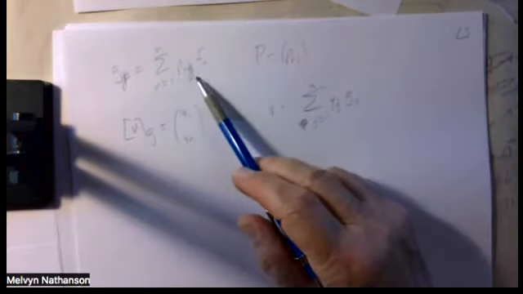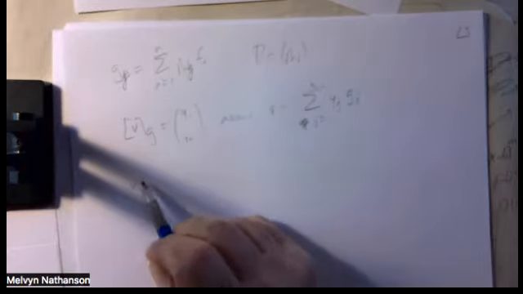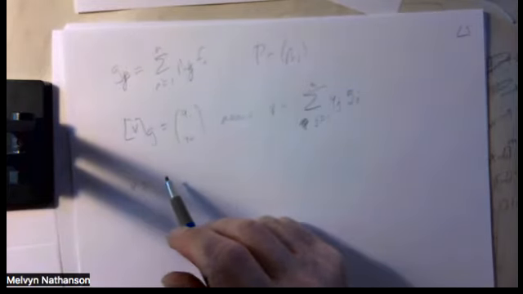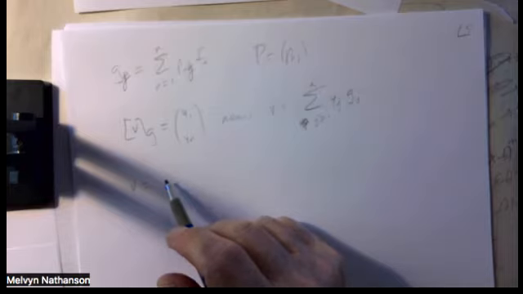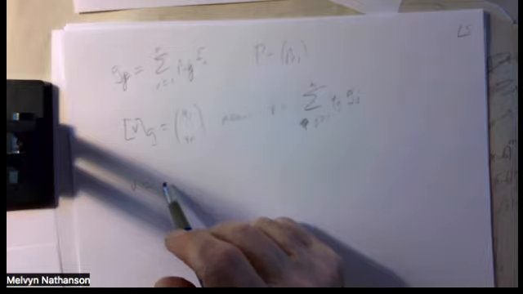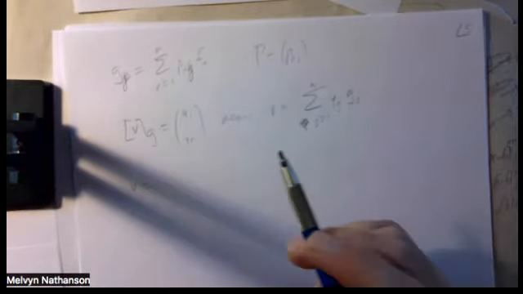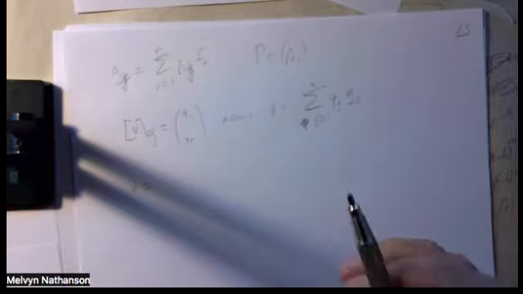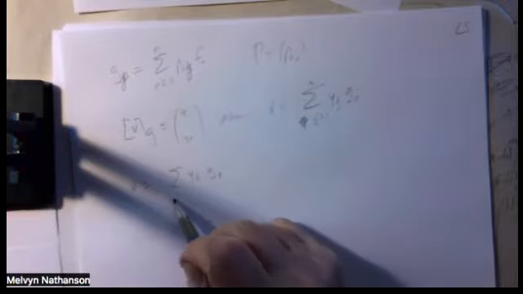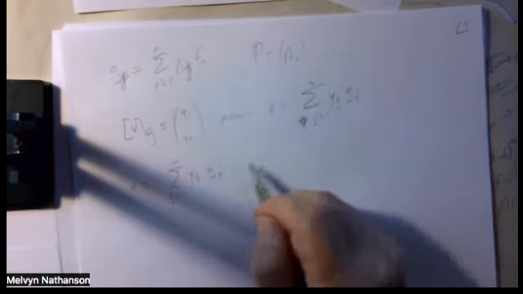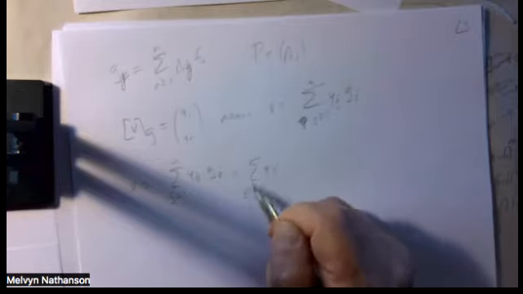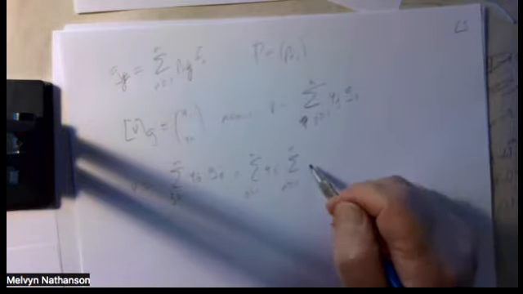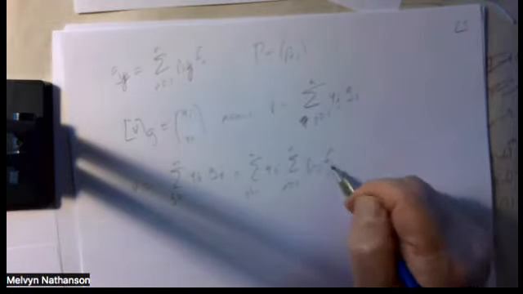But g_j is summation i goes from 1 up to n, p_ij, f sub i.